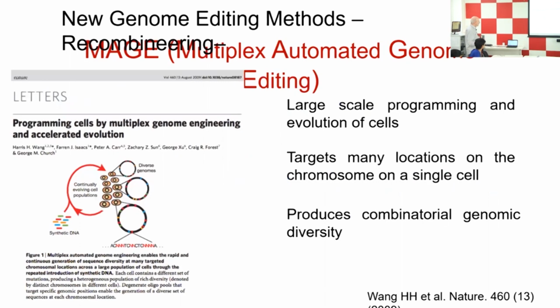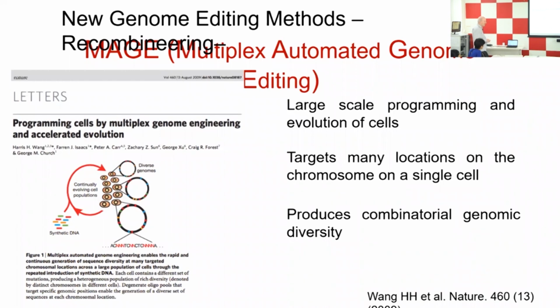So this method was published, I think, just before the 2000s, and this is a landmark paper in the history of synthetic biology, because as I just mentioned, it enables entering many different mutations at the same time in the same genome.